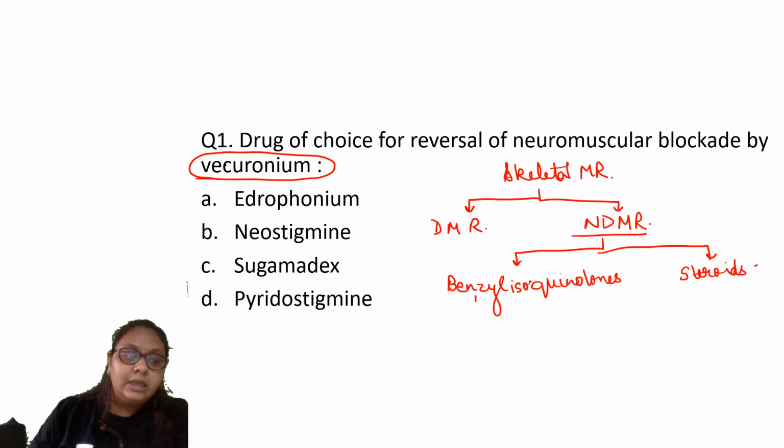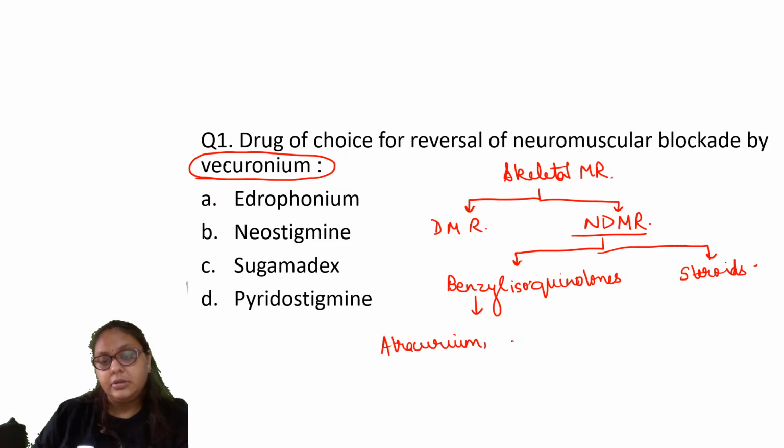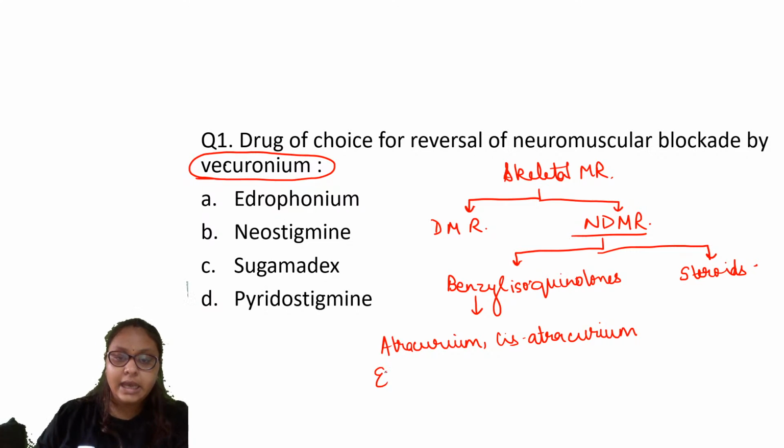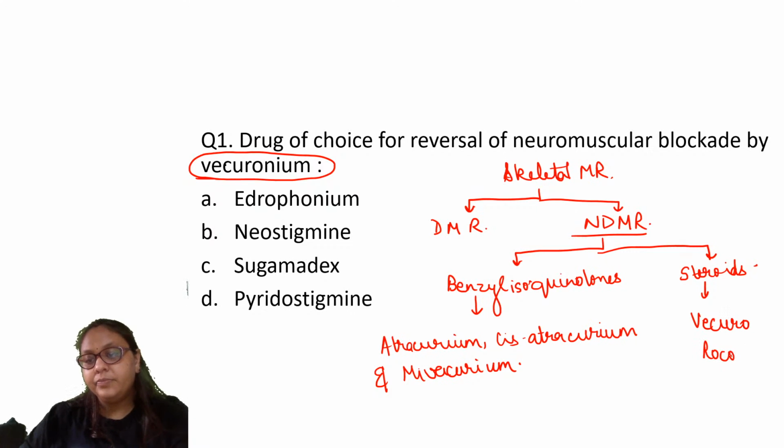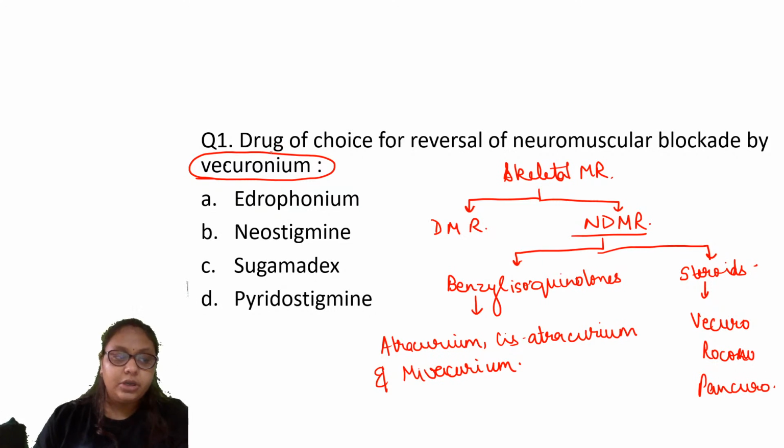The benzylisoquinones examples are atracurium, cisatracurium, and mivacurium. In the steroidal group, we have vecuronium, rocuronium, and pancuronium. These are the examples of the steroidal group of drugs.